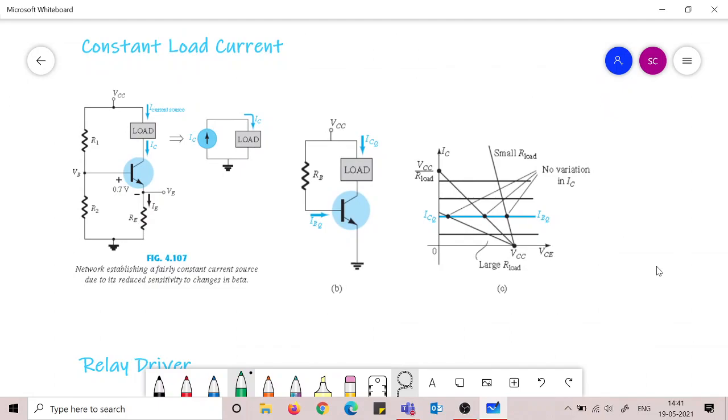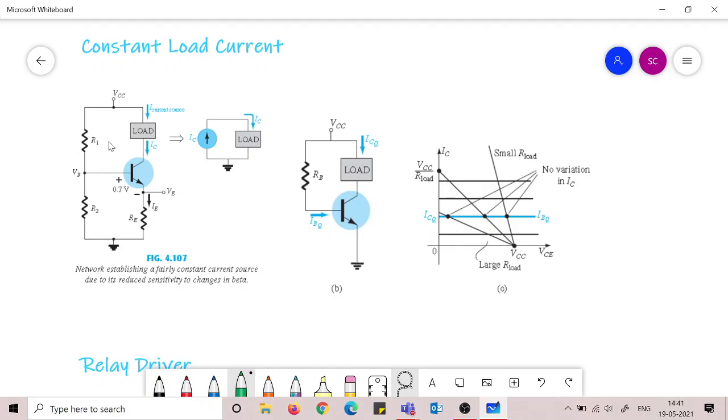Then there are other circuits, the constant load current. We already saw how we can make a constant current source, and here we have connected a load in that, and we know how we can create the constant current source, because by making the IB level constant, we can create one.